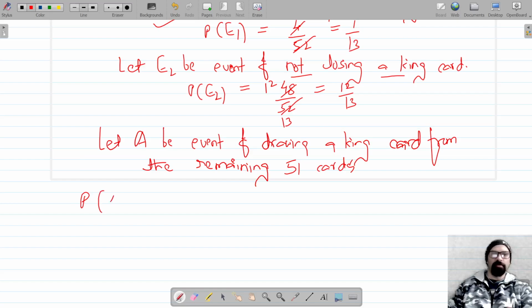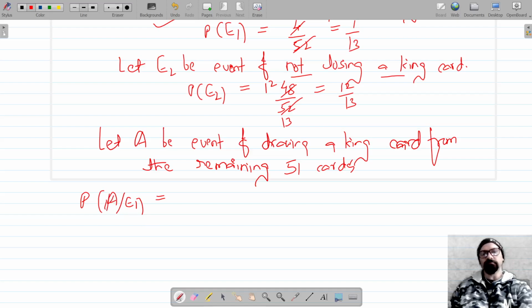Now let's find out the probability of getting a king card when a king card is lost. When the king card is lost, we have lost 1 card, so the remaining are 51, and we have to get the king. If the king card is lost, remaining king cards are 3, so out of 3 we can get the king.